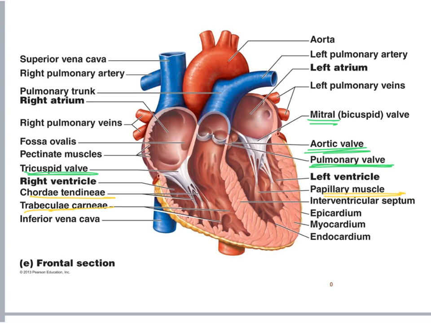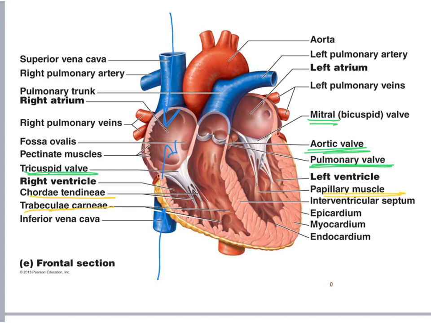All right, for the most part, when we talk about oxygenated blood, we denote that using a red pencil, red vessels. When we're talking about deoxygenated blood, we denote that using blue. So if you follow along with that flow chart, what we see is that blood enters this right atrium through the superior vena cava, inferior vena cava, and coronary sinus.